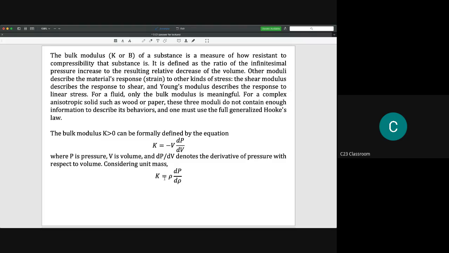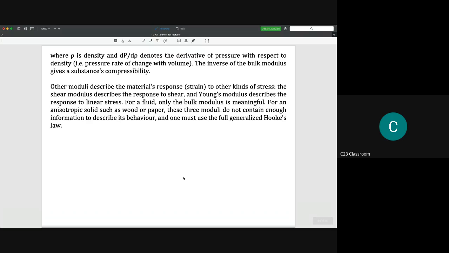At the same time, if we substitute the value of mass, we can cancel everything, and we get K equals rho dp over d rho. You know the density rho is equal to mass over volume.